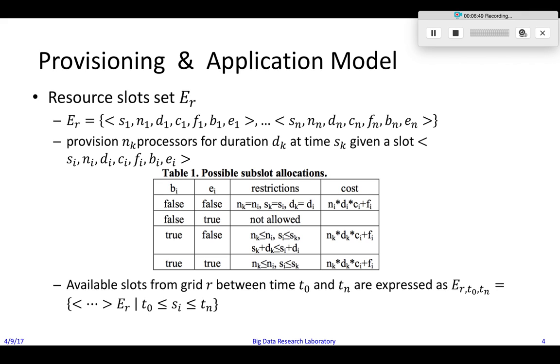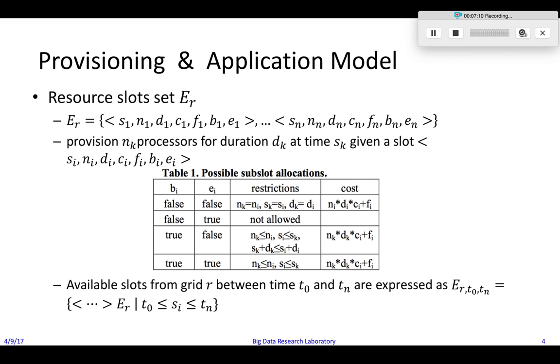The second case means that the slot cannot be divisible and can be extensible. It means that if we have this kind of allocation, the cost will be much higher than in some other cases.